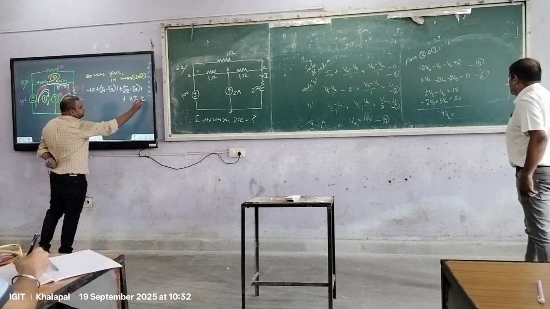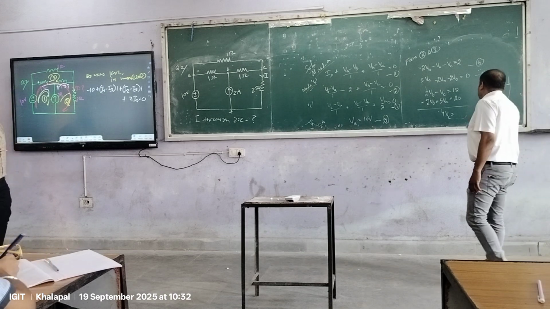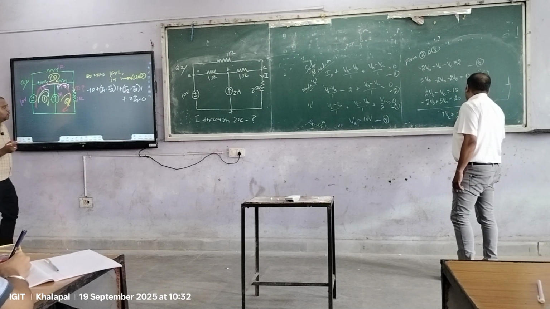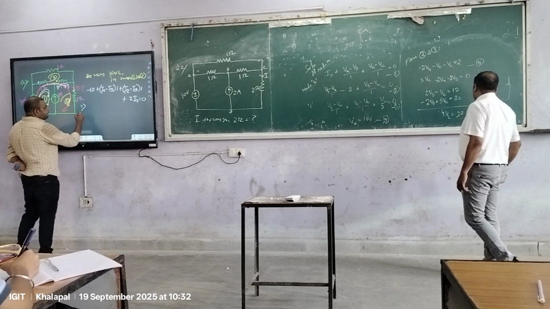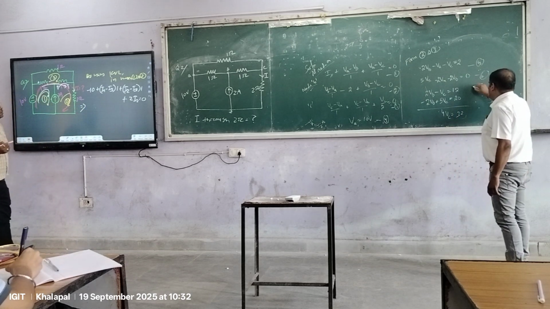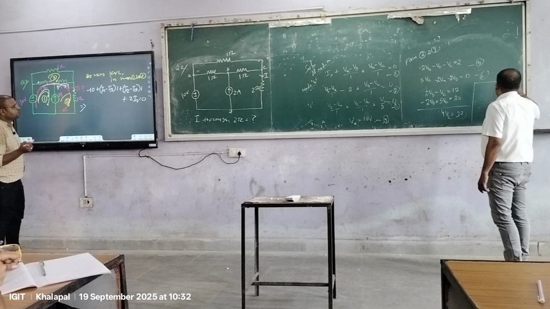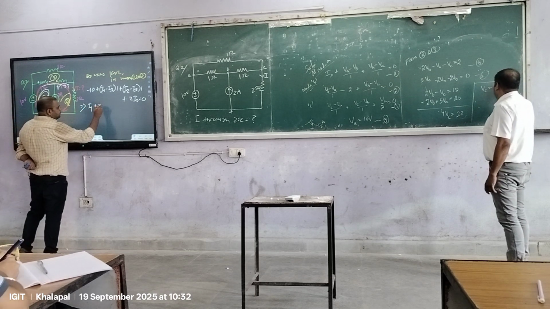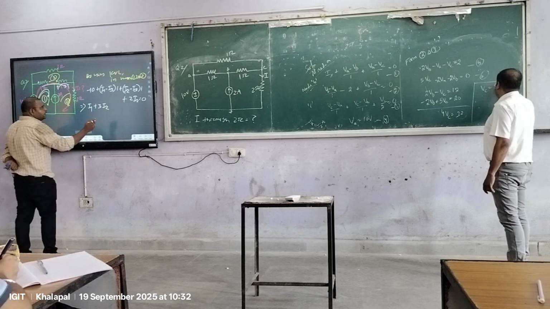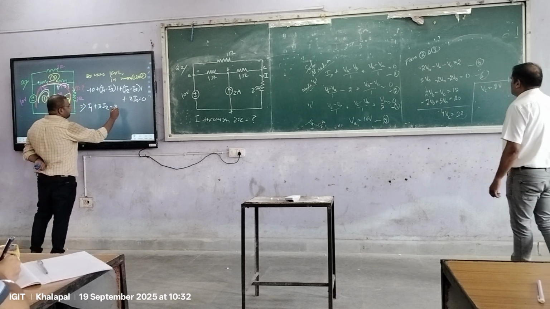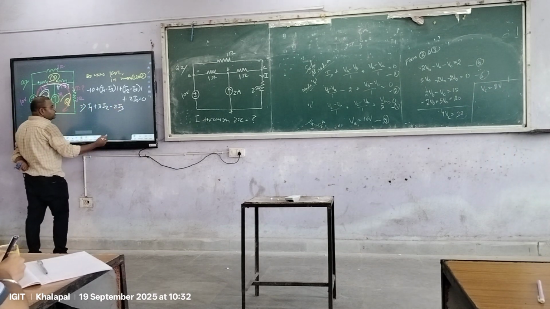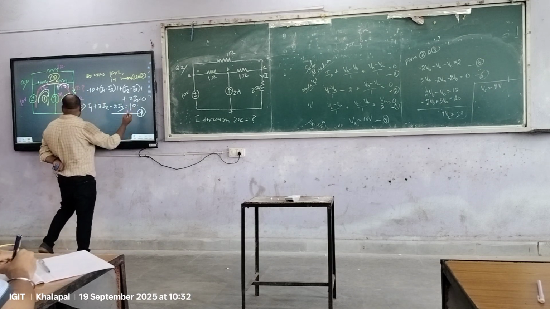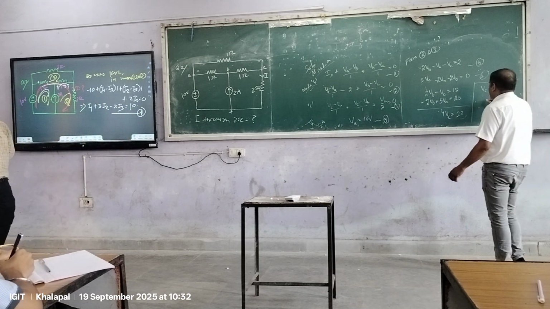Any other element here? No. So what is the net equation? I1 plus 3I2 minus 2I3 is equal to, very good. This is going to be the first mesh equation.